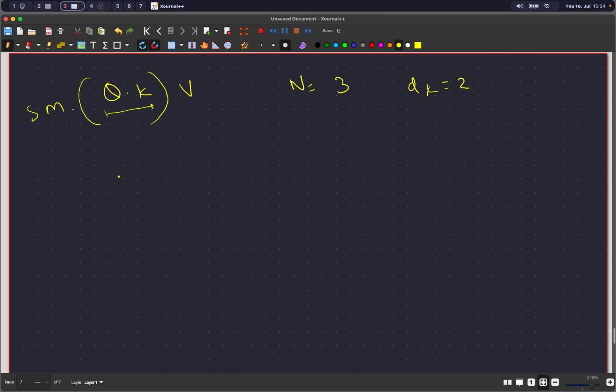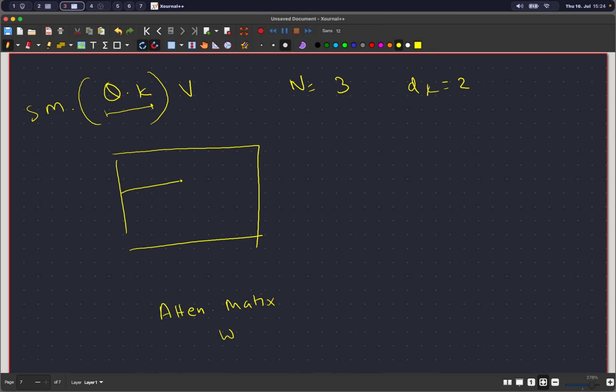For example, we have the attention matrix, and it is the W matrix that we were talking about earlier. It has 3 by 3 rows and columns. This is word 1, word 2, and word 3. Again, word 1, 2, and 3.